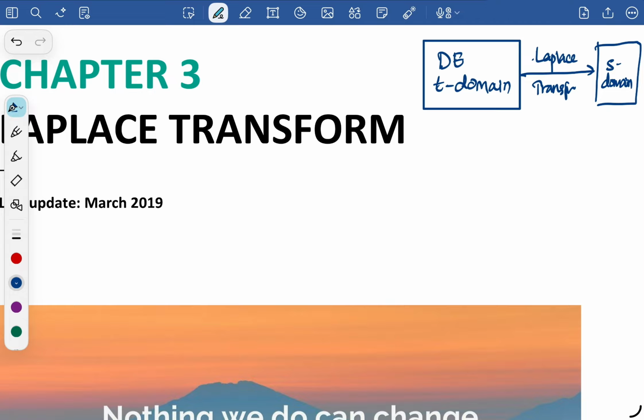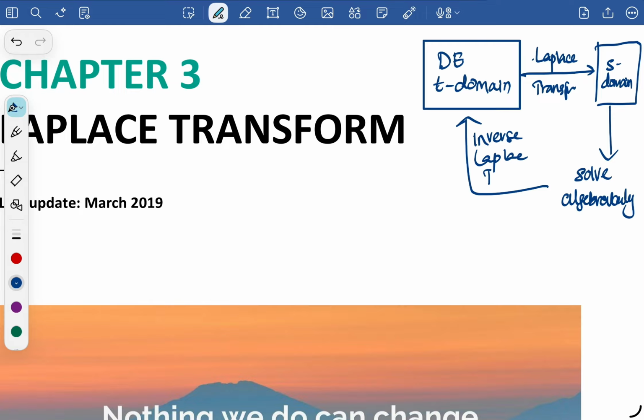So we will solve the equation algebraically in the s domain, and then we are going to use the inverse Laplace transform and get the final solution in t form.